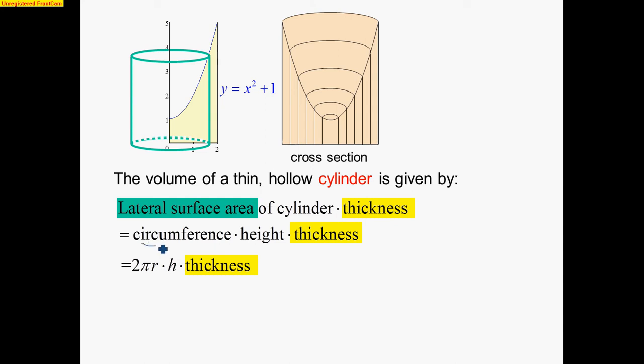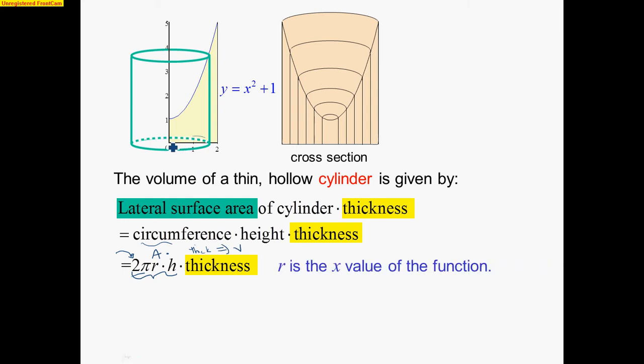So the circumference of this circle is 2 pi times the radius. That's how I know I'm dealing with shells, right? Washers and discs only had pi. This is 2 pi times the radius of the cylinder times the height of the cylinder, all times the thickness. Remember, this is still area. Area times thickness generates volume.